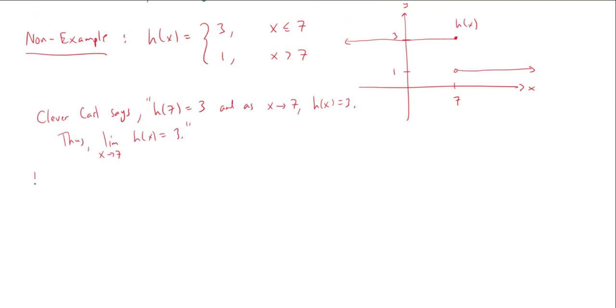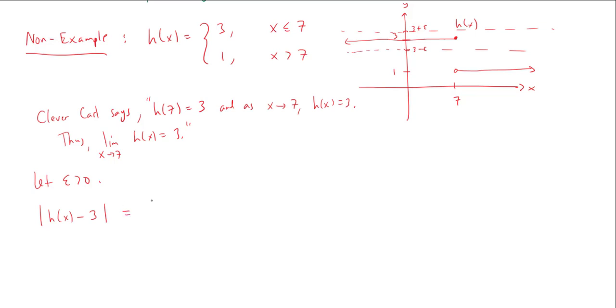All right, so let epsilon be greater than 0, and I want to make an epsilon coin. In this picture, we're going to be putting a coin around 3. There's 3 plus epsilon, 3 minus epsilon. Okay, so that's our coin there. And now let's look at the difference between h of x and 3.